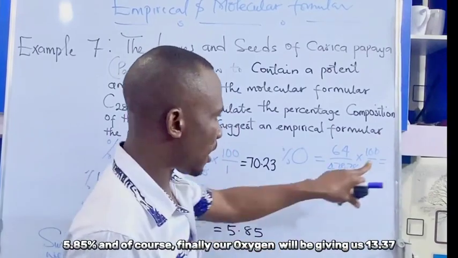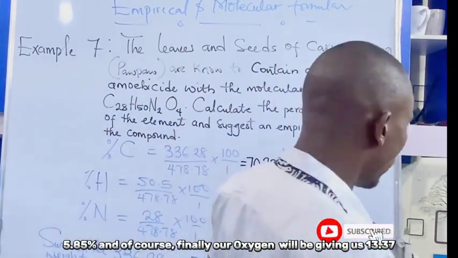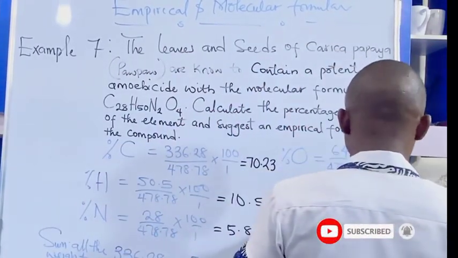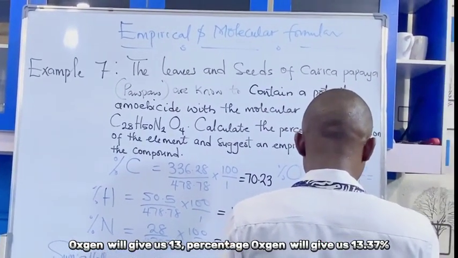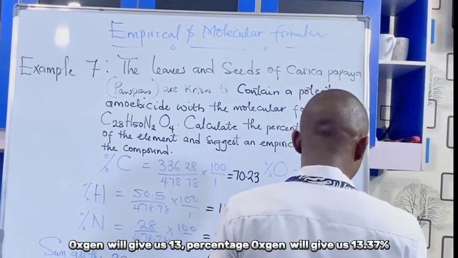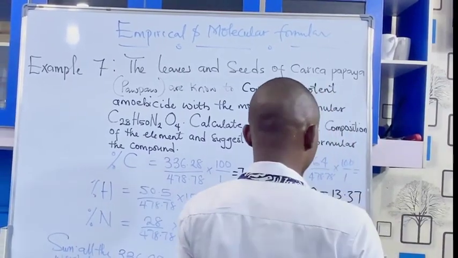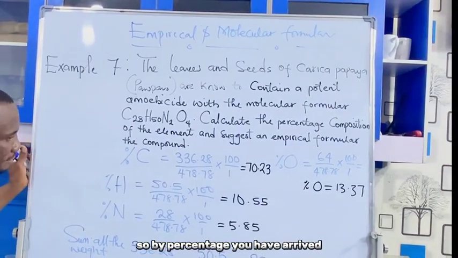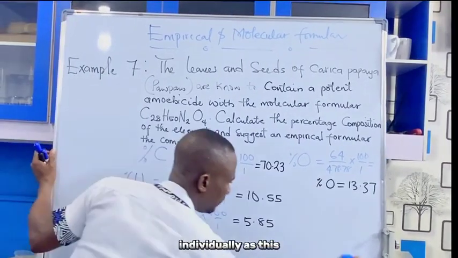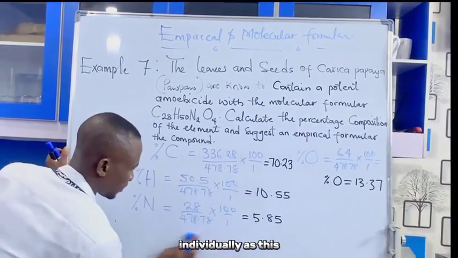And of course, finally, our oxygen will give us 13.37%. So, by percentage, we have arrived individually at this.